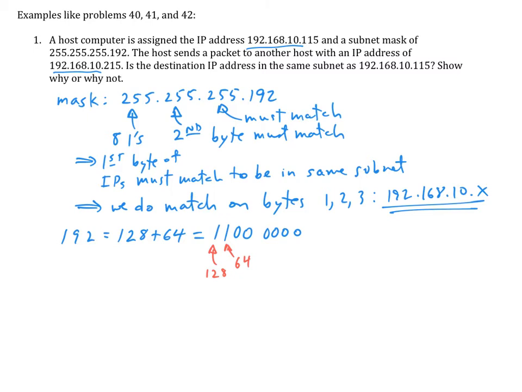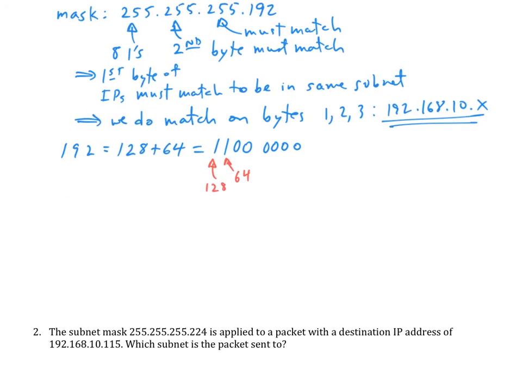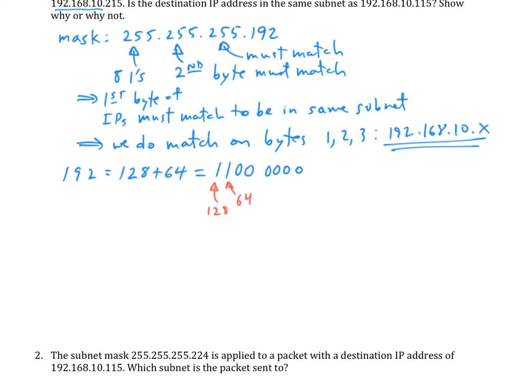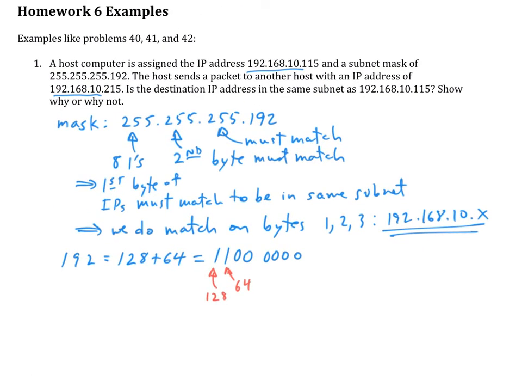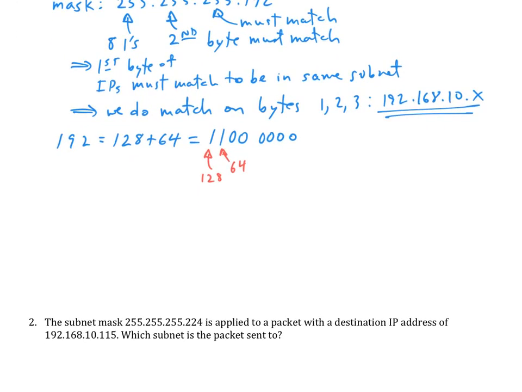Now we're going to check whether the binary representations of the 115 and the 215 match in the first 2 bit places. So I'm going to write the 115 and the 215 as binary. 115 is less than 128, so it's a 64, and then plus 32, which is 96.